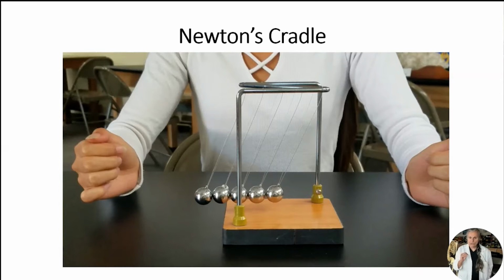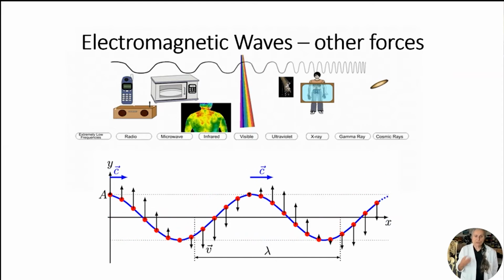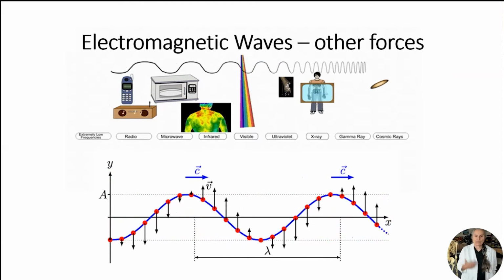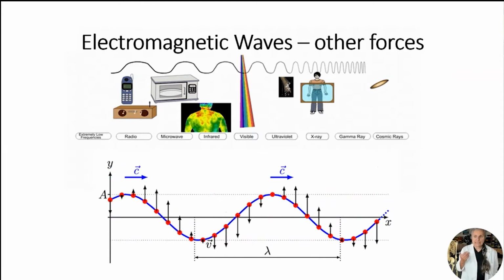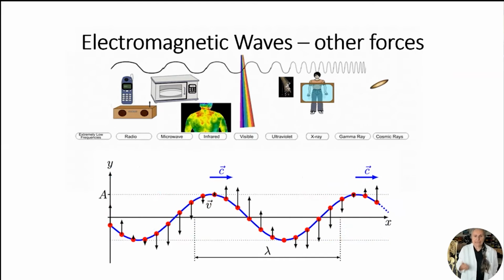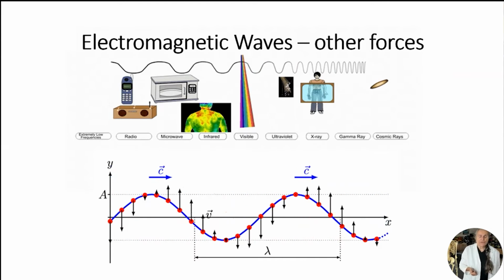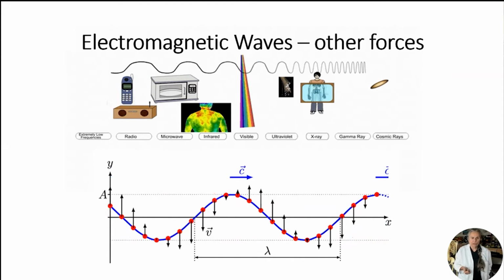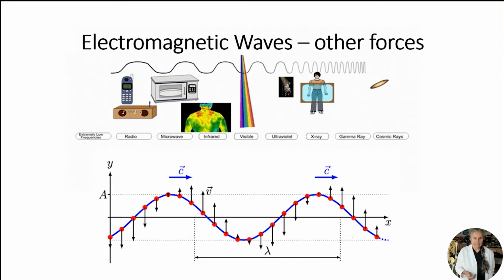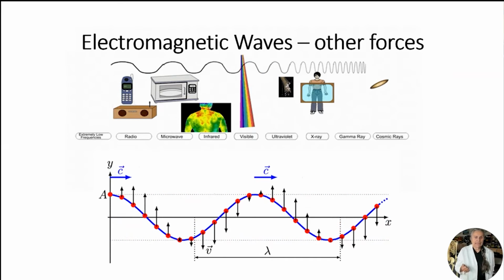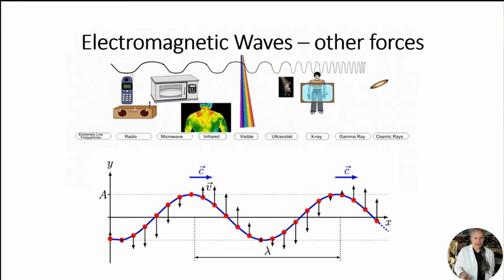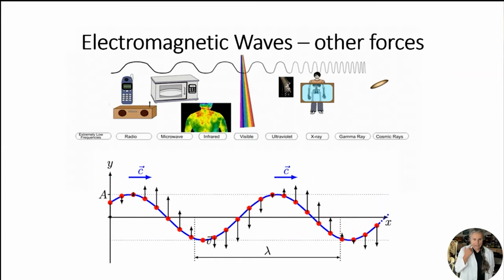Now, let's go from gravity and let's go into another realm of forces, because gravity isn't the only force that we have to contend with. There are other things called electromagnetic waves that create electromagnetic forces. Now, what is that all about?